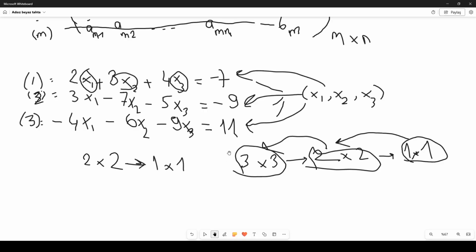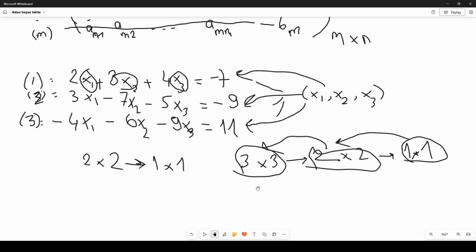As it increases, the complexity of finding the solution would also increase, right? If we have 10 equations and 10 unknown variables, then it would be even more complex. So we need a more convenient method or way to solve the system of linear equations. In other words, a way to find such an n-tuple that must satisfy each equation at the same time.